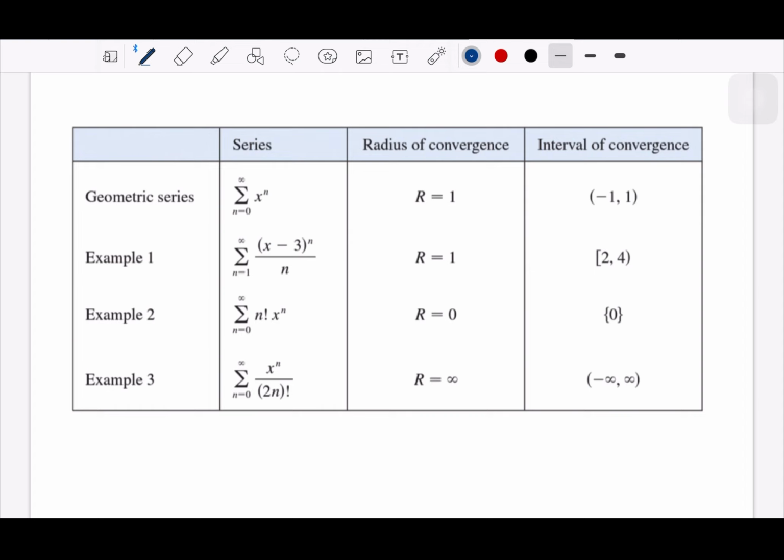You can say the radius is 0, and when x equals 0, that is just our interval of convergence. And if all x are included, it means the radius cannot have any distance. It's all included. We can say the radius is infinite, or in the interval, it's going to have all values of x.